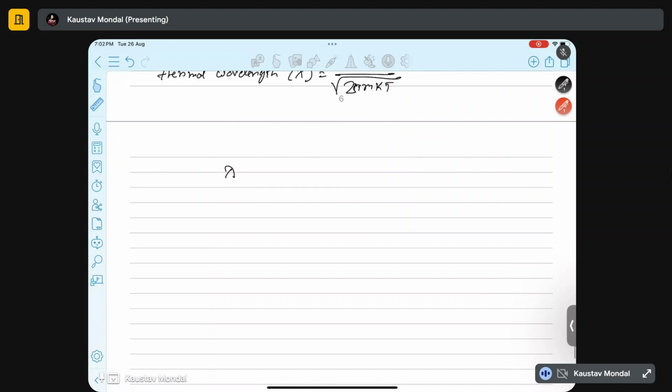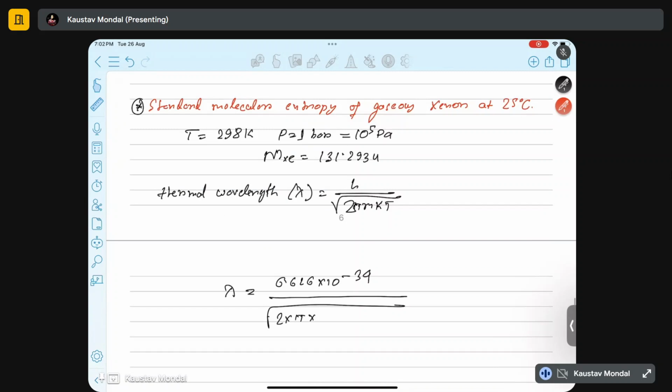Here h is 6.626 into 10 to the minus 34 divided by 2 into pi into m. The mass is simply this multiplied by u, whose value is the weight of a proton, 1.66 into 10 to the minus 27 kg.